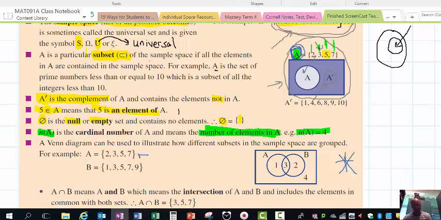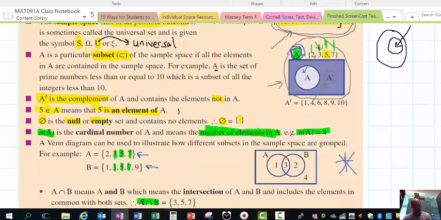If we write that down again here, and set B is this, if we're given these two sets, there's some things that are in both set A and B. Can you see them? Well, 3 is, 5 is, 7 is. 3, 5 and 7 are the elements that are common to both, and we would call that the intersection.